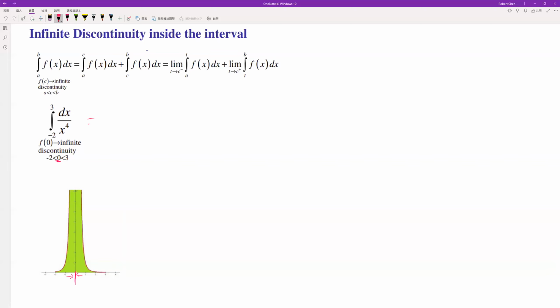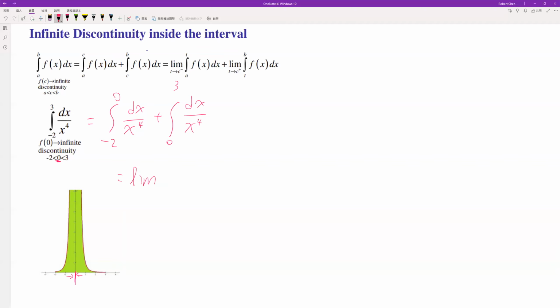Okay, so the first one, we're going to look at -2 to 0. And the second one is 0 to 3. Okay, so now we have two separate discontinuities at the upper and lower limit, right? And then you just perform them the same way you would if you were just working with one of them, right?